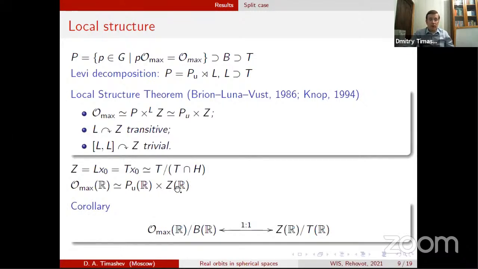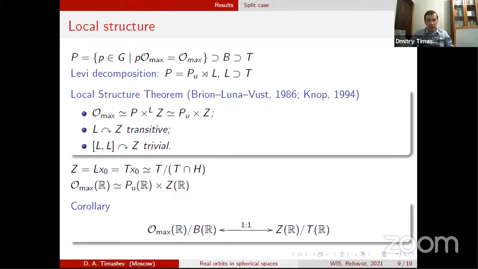So as a corollary of the local structure theorem, we get the answer to the first question, which I posed on the previous slide, that is the set of real Borel orbits in the real locus of the big complex Borel orbit of the open one is in a one-to-one correspondence with the set of real torus orbits on the real locus of the slice.